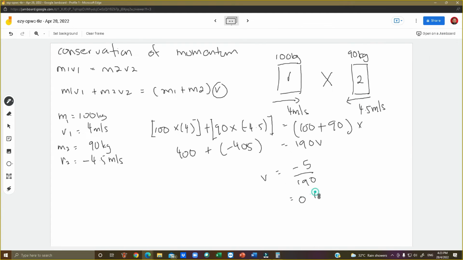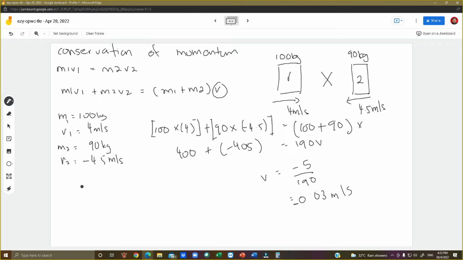Negative 0.03 meter per second. Okay. So based on this answer, the question asks what happened after the collision. What happened to the system? Don't stop here. You know the answer is negative 0.03.